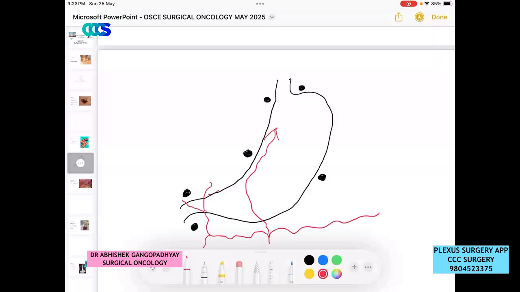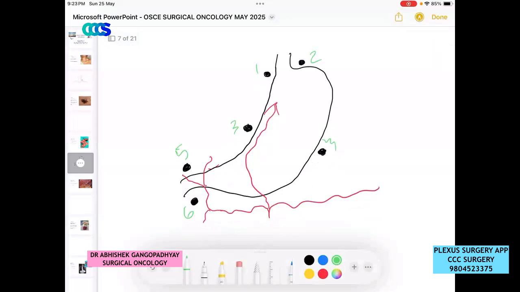So in D2 gastrectomy, we remove the 1 to 6 nodes, which are the perigastric nodes. Level 1 to 6, this is 1, 2, 3, 4, 5, 6. Along with that, we remove other nodes like the 7, the common hepatic artery, the hepatoduodenal ligament, the splenic proximal nodes.